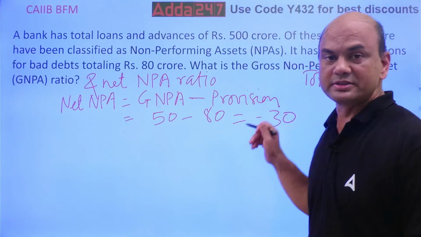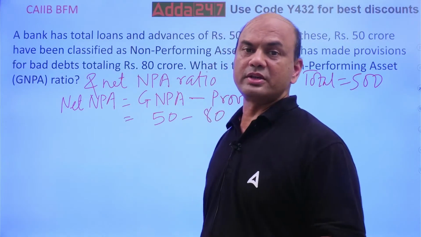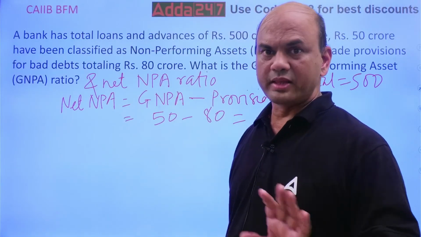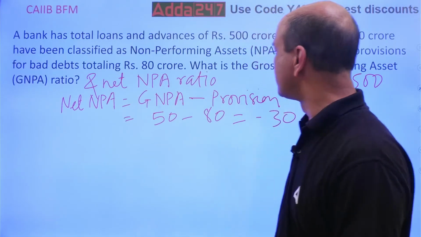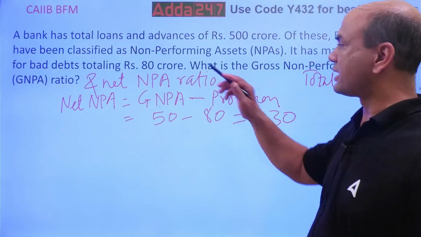Kindly note this minus 30 has huge significance. Some of you will say, how can net NPA be minus? I'll explain. Firstly, you want the gross NPA ratio.